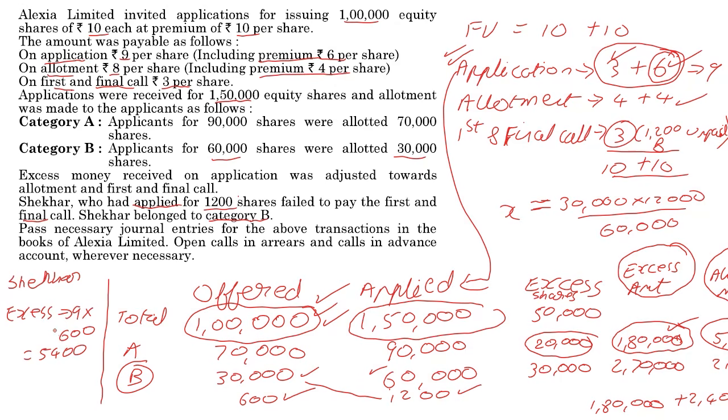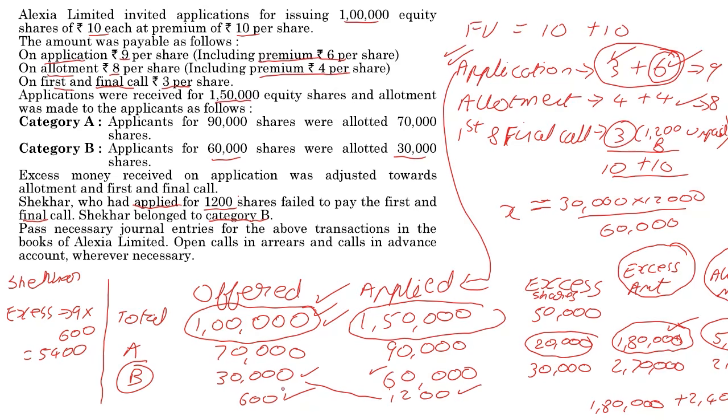Now, at the time of first and final call, he has not paid some money. You need to keep in mind that the people in category B, how much would they be expected to pay at the time of allotment? 8 into the number of shares.